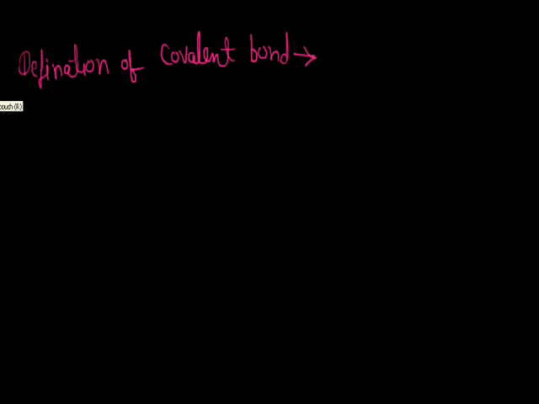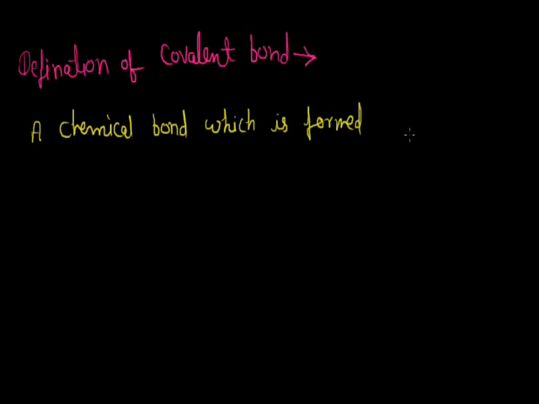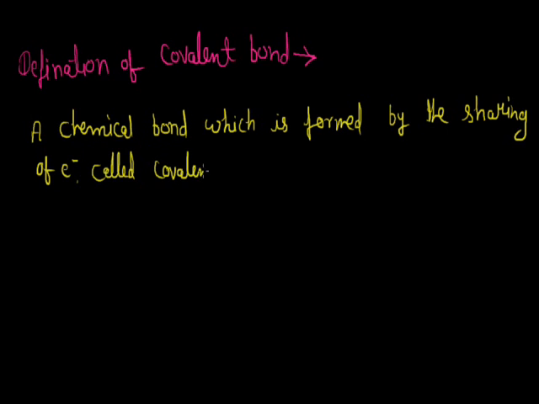Definition of covalent bond: a chemical bond which is formed by the sharing of electrons between non-metallic elements is called a covalent bond.